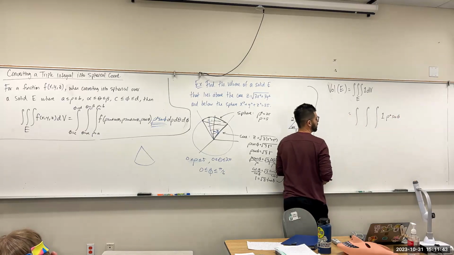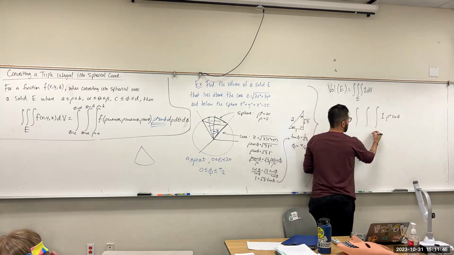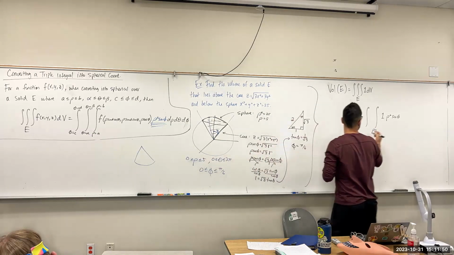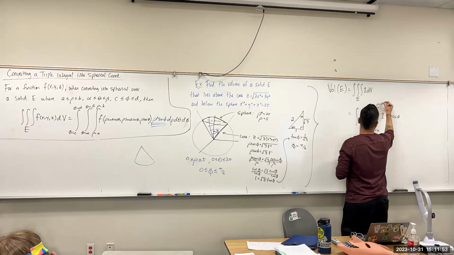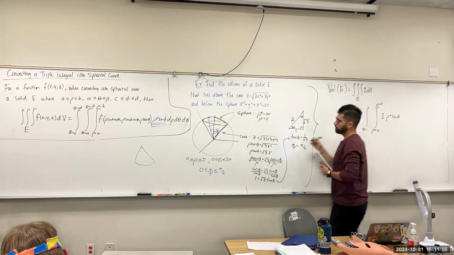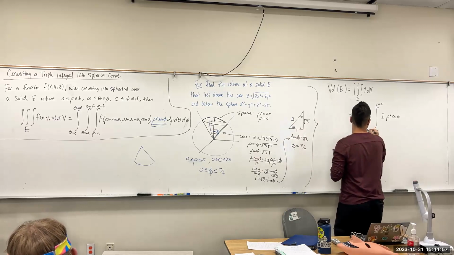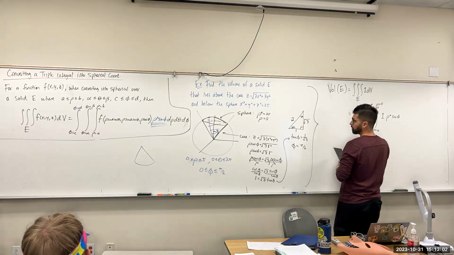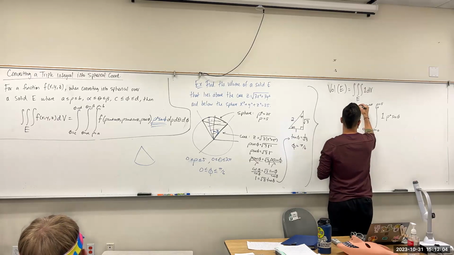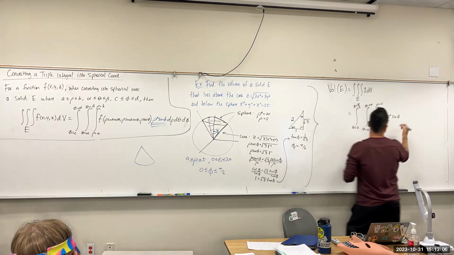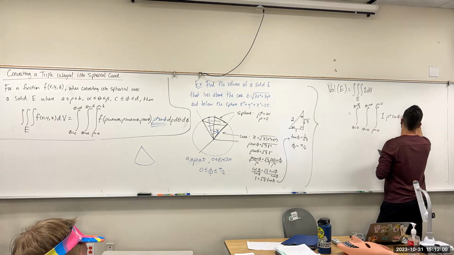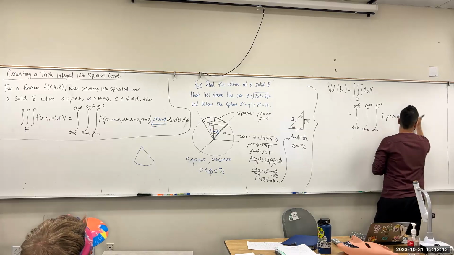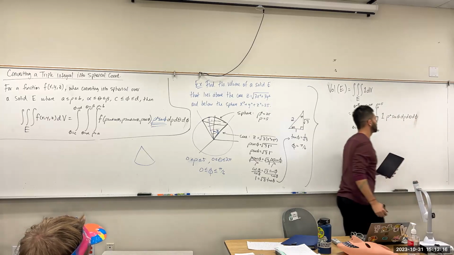Rho goes from 0 to 5, theta goes from 0 to 2 pi, and phi is going to go from 0 to pi. And so we're going to do d rho, d theta, d phi.